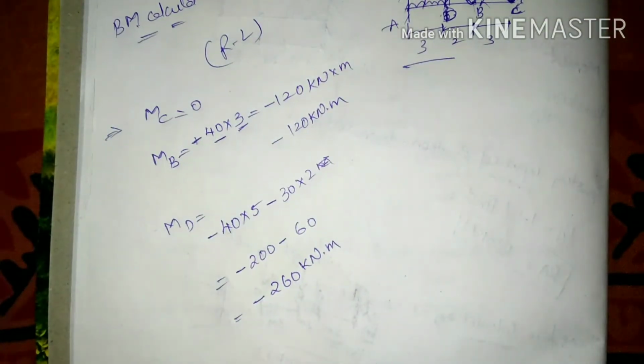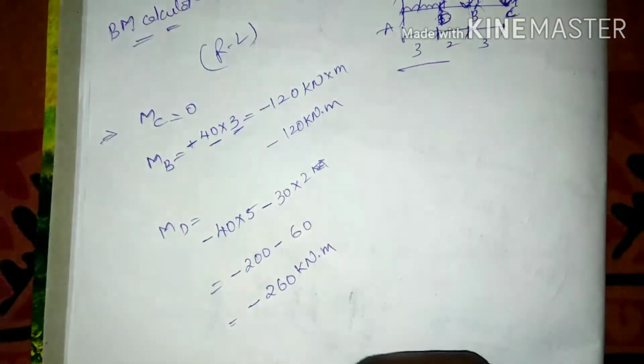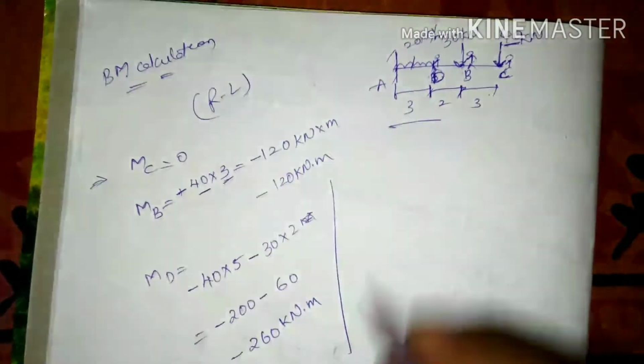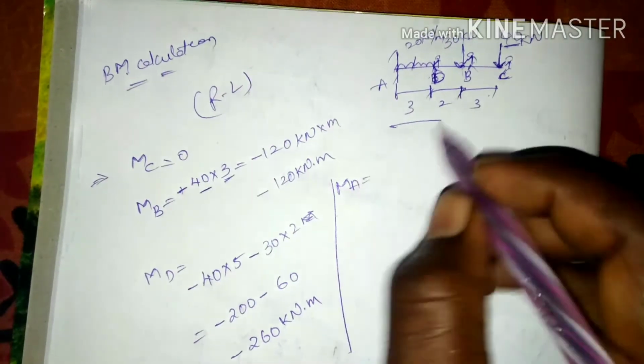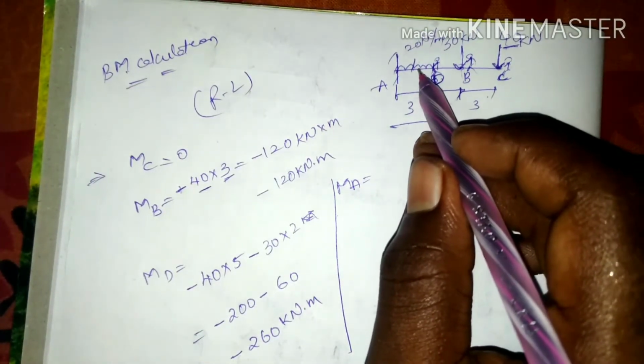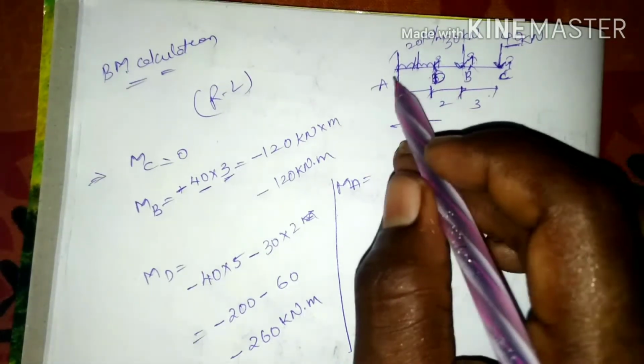And next, moment about A. Here we are having a UDL also, so we have to convert the UDL to the point load, so that it is going to act at the midspan of the acted span.